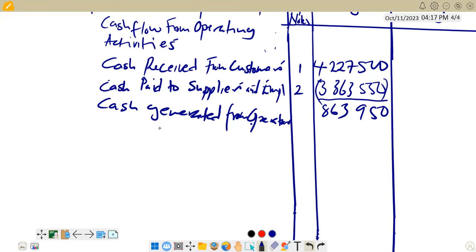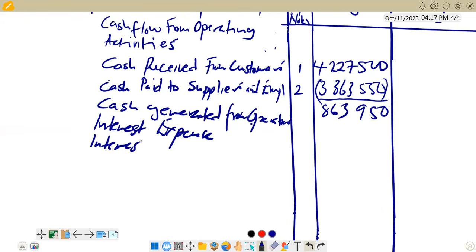Then beneath that now, we are going to adjust for interest expense, interest received, and then also drawings. Here we've got interest expense that we are going to adjust, and then we have also interest received.